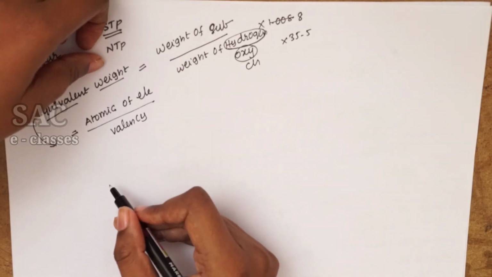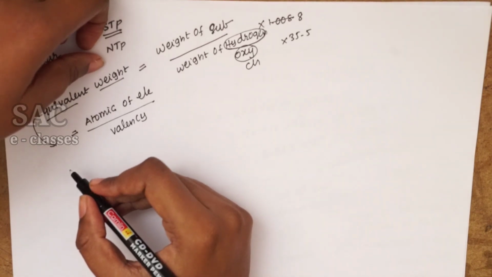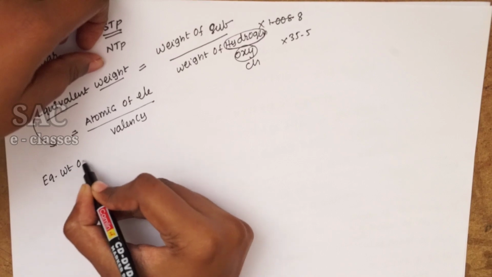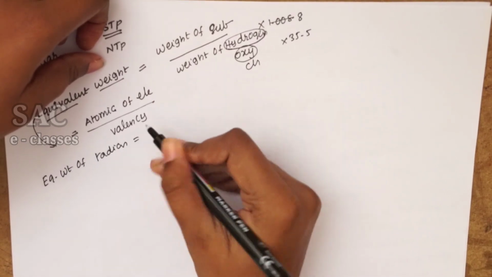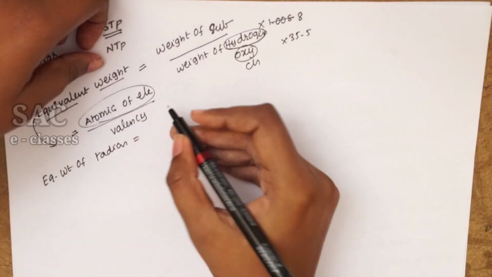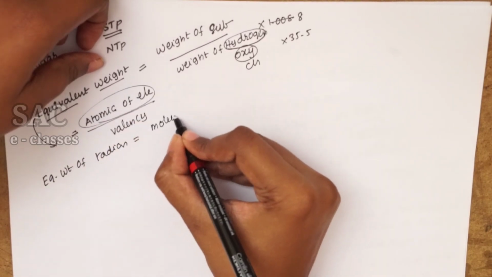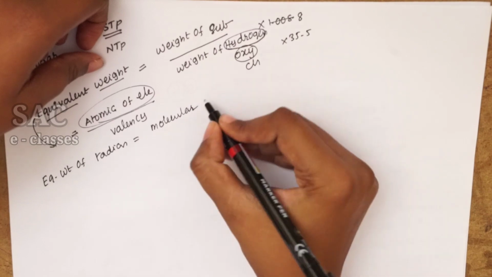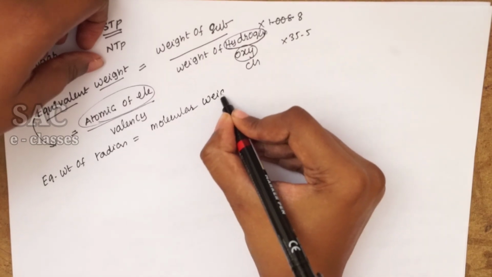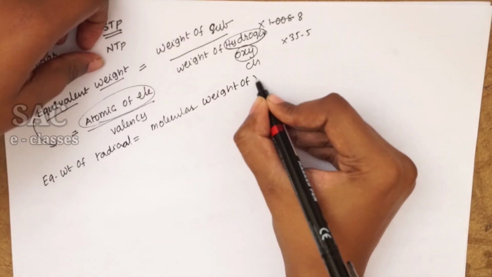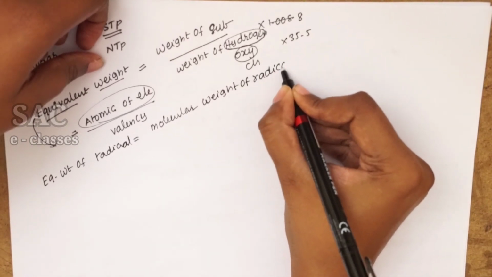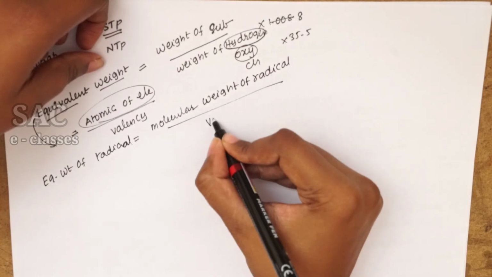Then the equivalent weight of any radical, meaning any ion, is the molecular or atomic weight of that particular radical by valency of the radical.